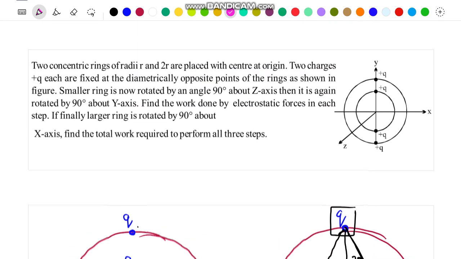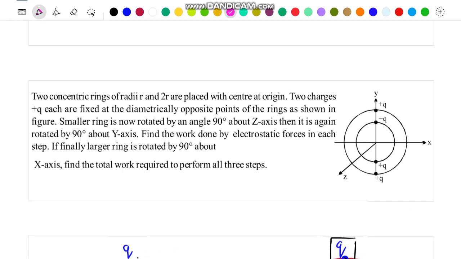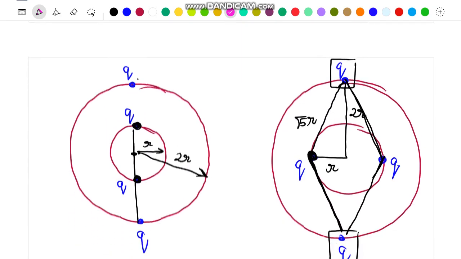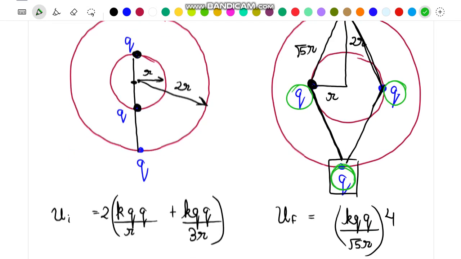Now in second step it is given that the second ring is again rotated by 90 degree about y-axis. Now you can imagine that in this diagram, if the second ring is now rotated about this y-axis, let me redraw the y-axis once again. This is the y-axis. Now if we are rotating the second ring about y-axis, there will be effectively no change in the distance of these two charges from the two charges appearing on the peripheries of the outermost ring.